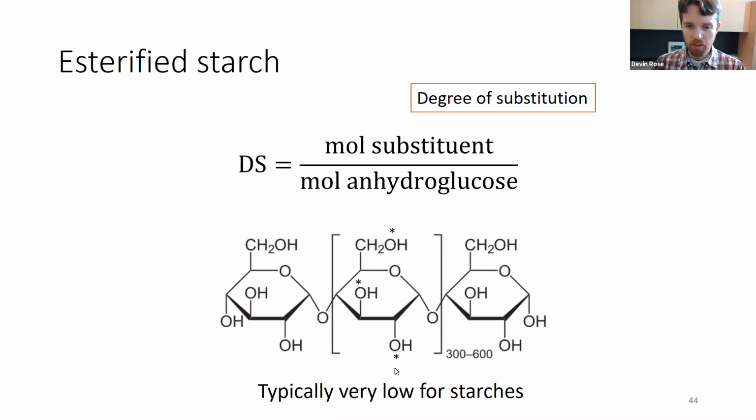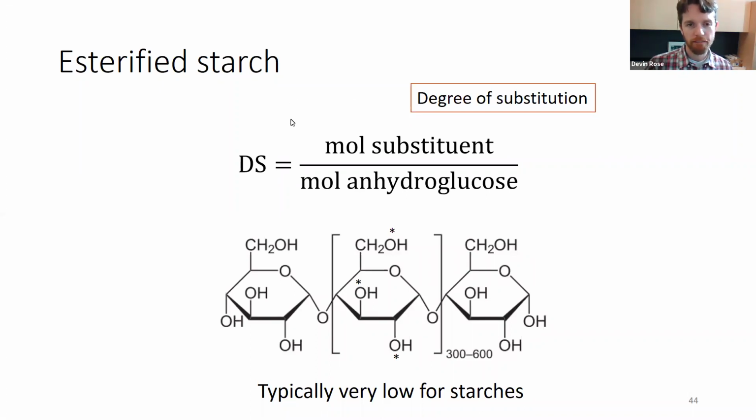But this molecule, which represents all but the reducing end and the terminal glucose unit, has 3 hydroxyl groups shown here with these asterisks next to them. So those 3 hydroxyl groups are what can react with the acetic anhydride.